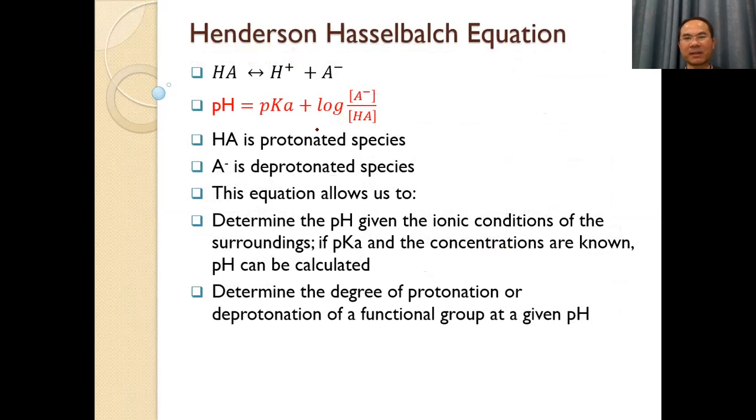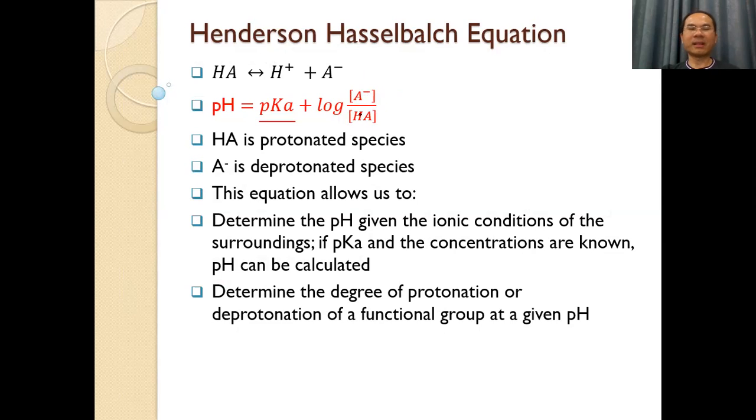Okay. If we consider the relationship given by the Henderson-Hasselbalch equation: if HA ionizes to a hydrogen ion and A minus, then you can calculate pH from the relationship between the concentration of ionized molecule, pH and pKa. pH equals pKa plus log of the concentration of the deprotonated species divided by the concentration of the protonated species.